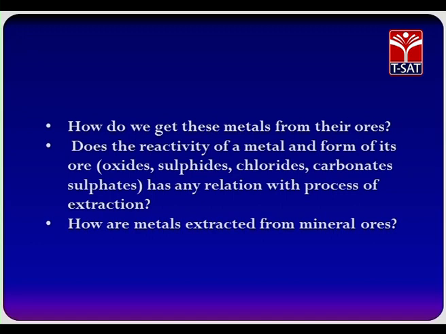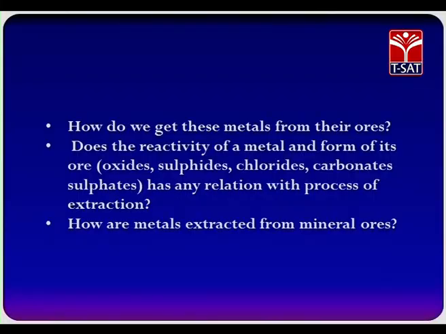Now, how do we get these metals from their ores? Children, ores, as I told you, they are minerals and we are extracting metals from these ores. So, ores are nothing but obtained from the earth's crust. So, we have a process of extraction of metals from the ores. So, does the reactivity of metal and form of its ore like oxides, sulfides, chlorides, carbonates and sulfates have any relation with the process of extraction?